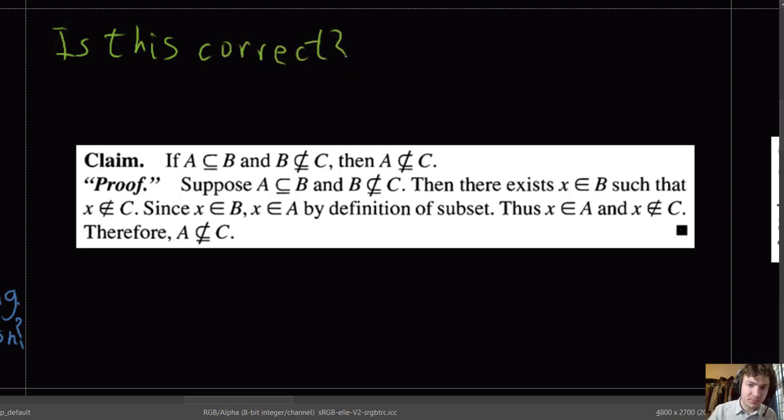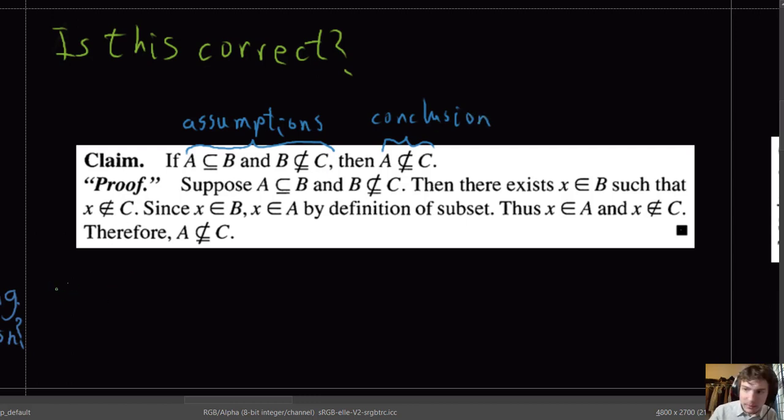So is this correct? Okay, so let's go through our checklist. The claim, which I've written here, is that if A is a subset of B and B is not a subset of C, so these are the assumptions, then A is not a subset of C, so this is the conclusion. Okay, and we should remind ourselves of the definition of subset.